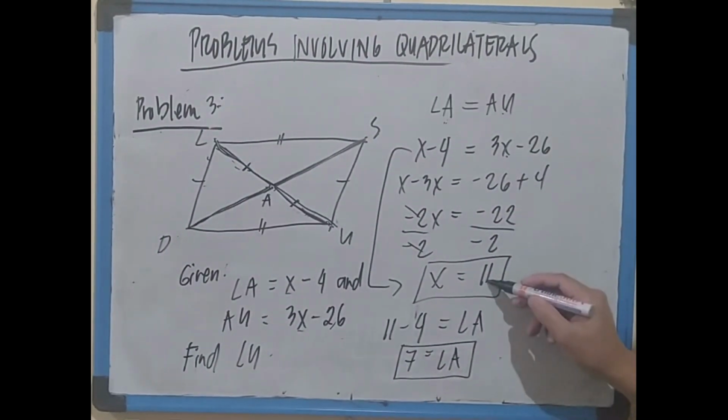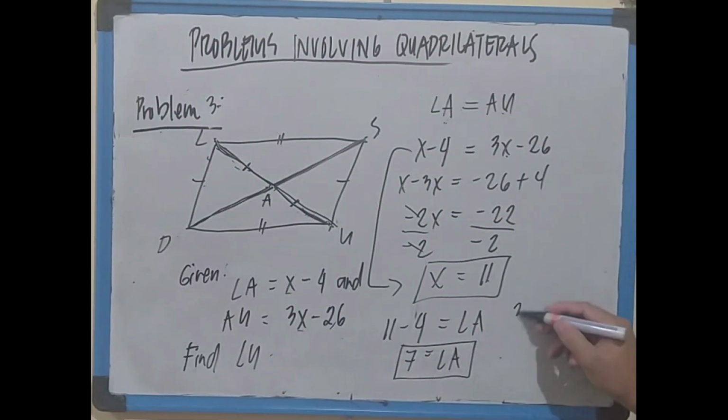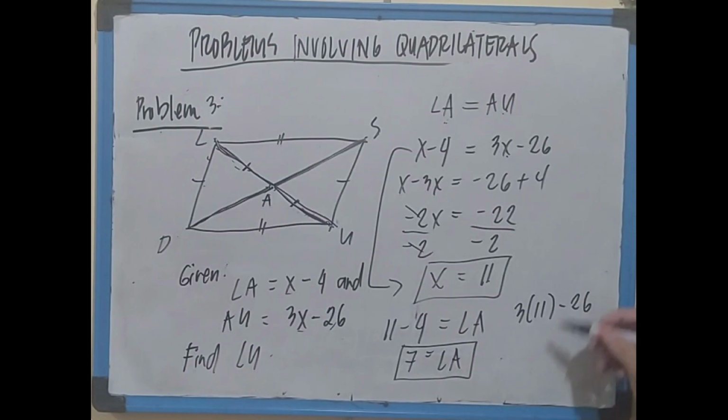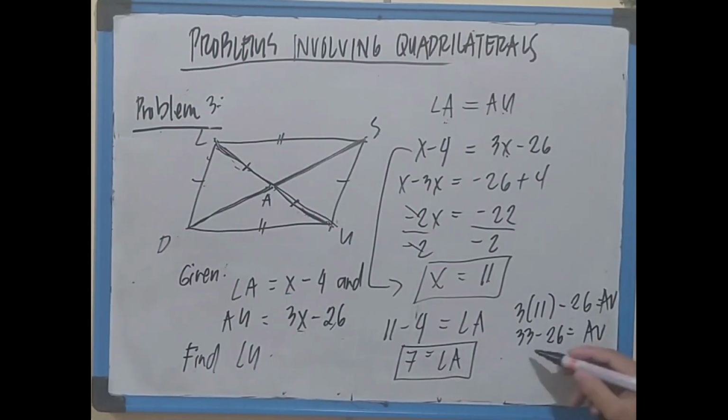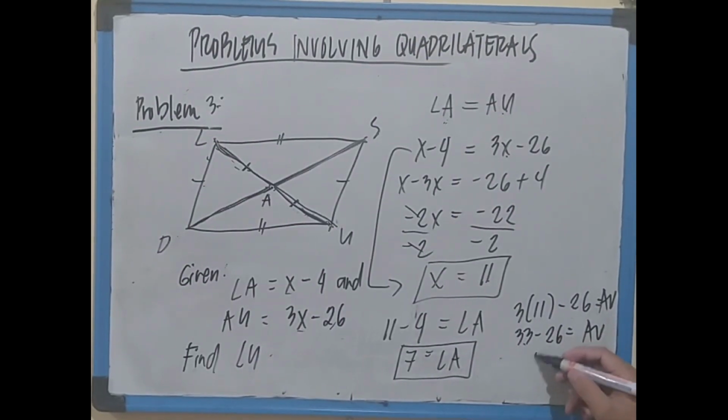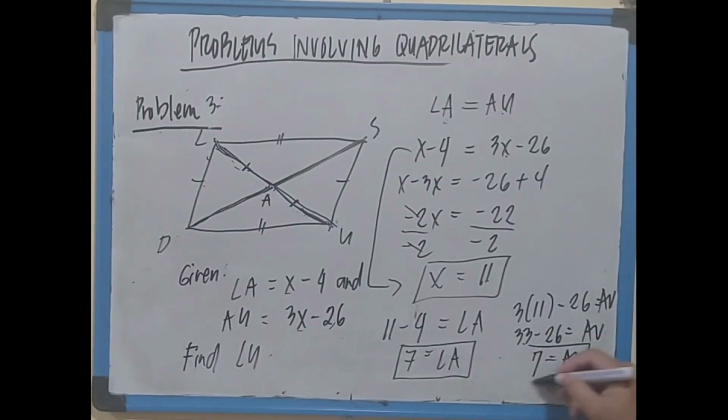Replace x by 11. So, we have now 3 times 11 minus 26. That is now equal to AU. So, 3 times 11, we have now 33, and minus 26, that is equal to AU, and 33 minus 26 is also equal to 7. So, meaning, equal po sila.